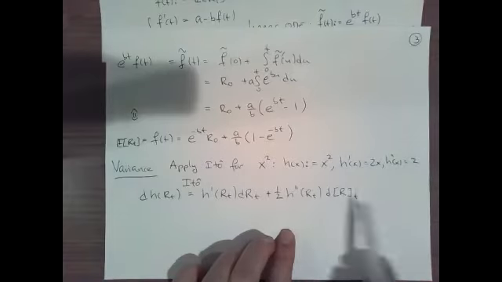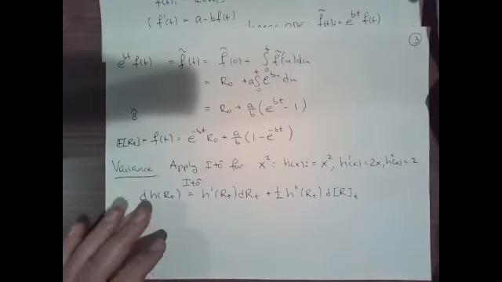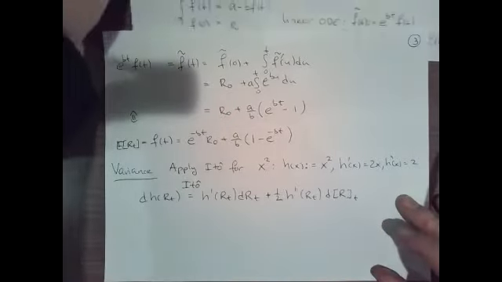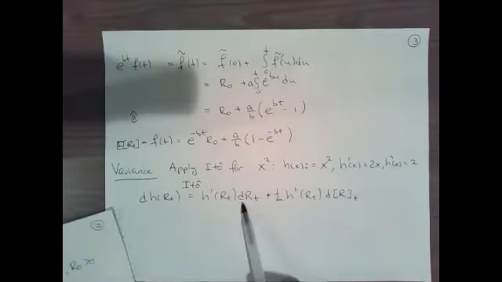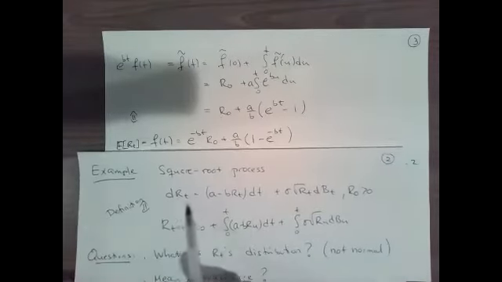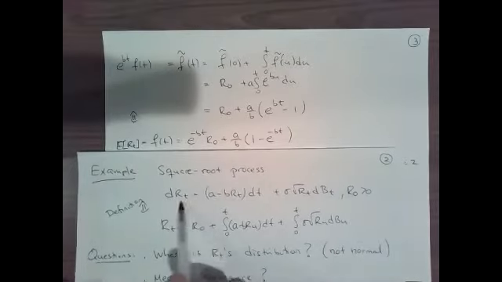Always remember this term. So we need to look at dR_t to figure out what the dynamics are. We need dR_t here, and we need the quadratic variation over here. So dR_t, well, we have it right here, so we can start by plugging it in.